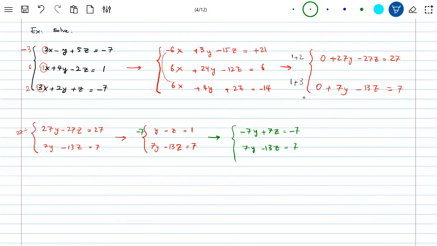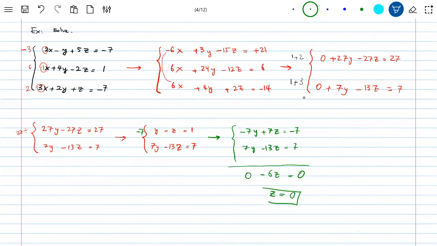See that now I can add the two equations and I can get rid of y. Negative 7y and 7y will be 0. 7z and negative 13z, that is negative 6z. Negative 7 and 7, 0. So I can find out what z is. z turns out to be 0. Divide both sides by negative 6.